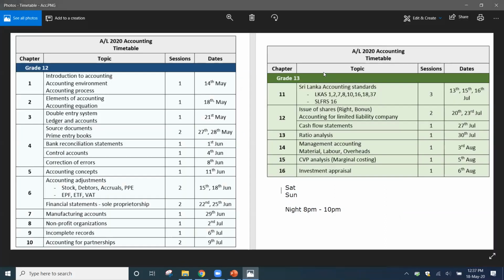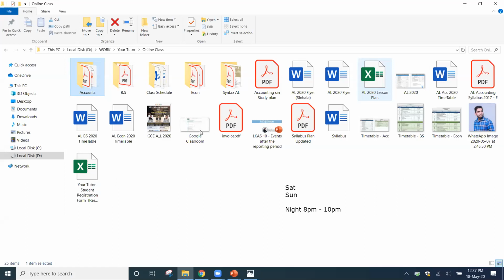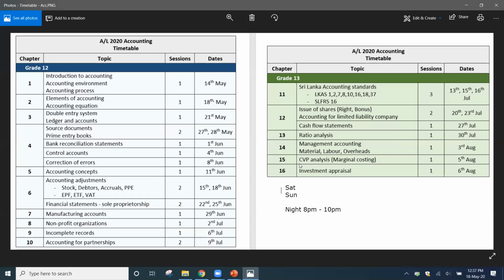For the other classes, our class fee schedules have already been sent. Once you register, you will get a registration number. We share the document which has all the details. You can pay either monthly or the full course fee.